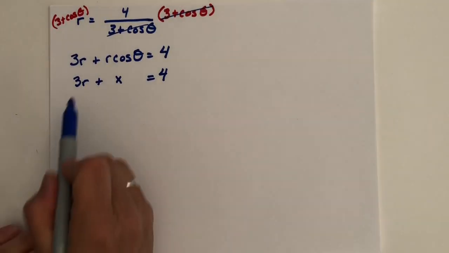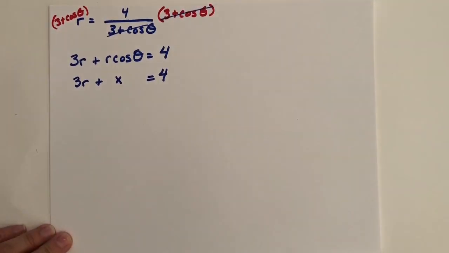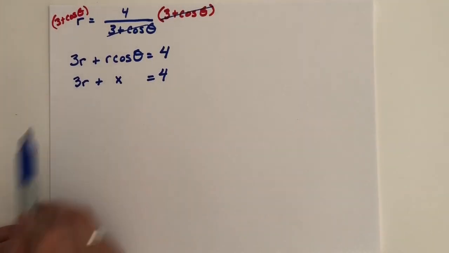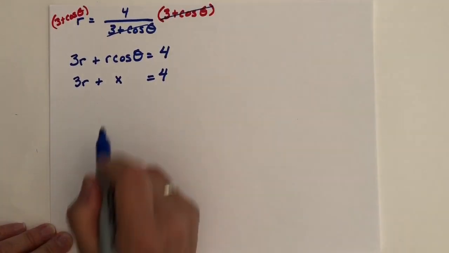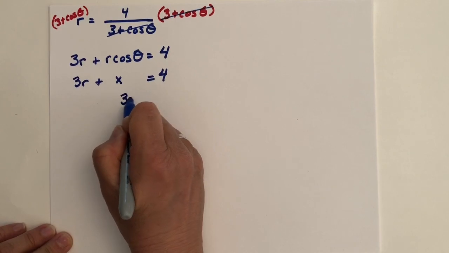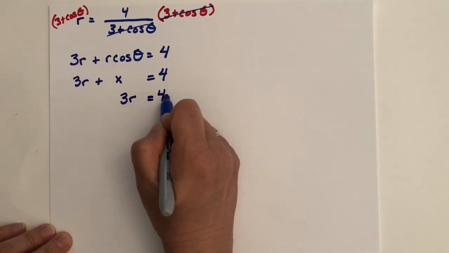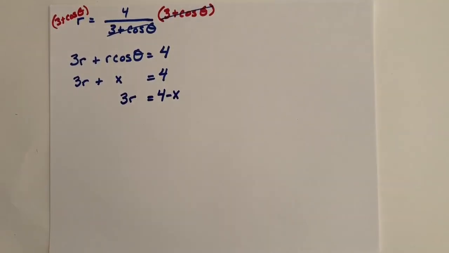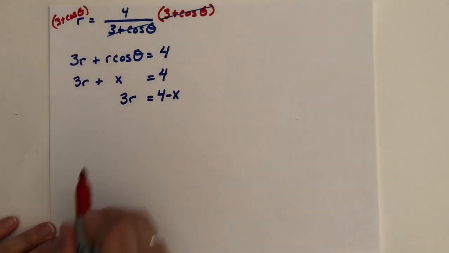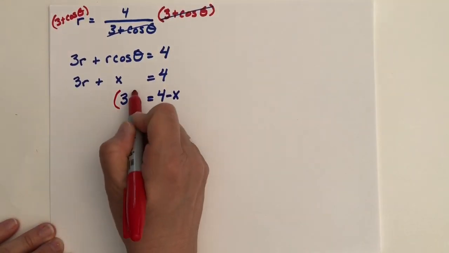So we want to isolate this term with the 3r. So let's subtract x. Now that we have the term isolated that contains the r, let's square both sides.